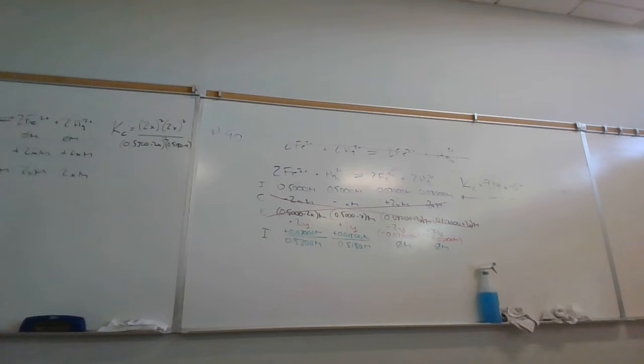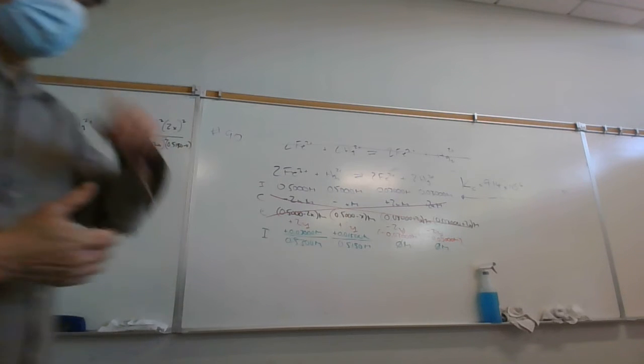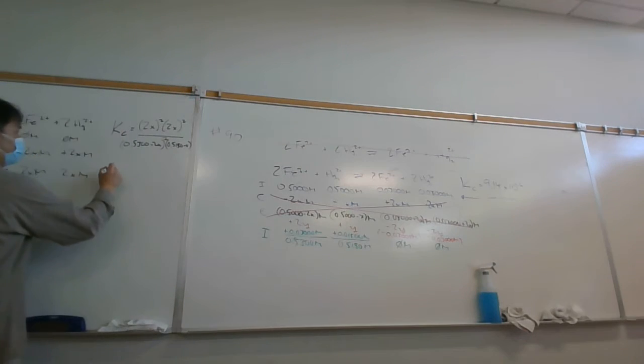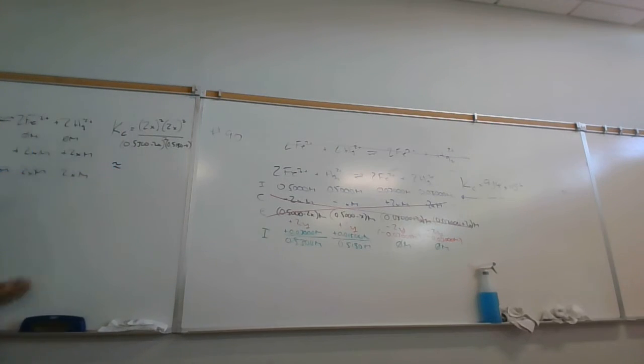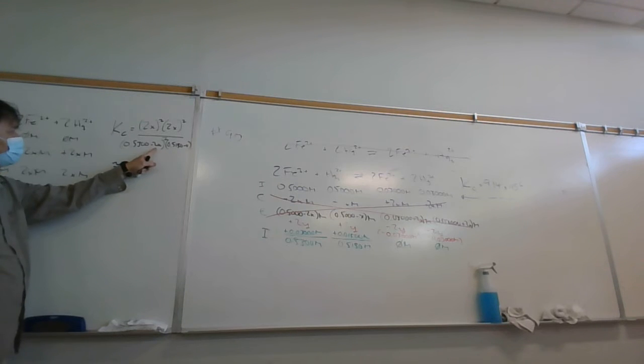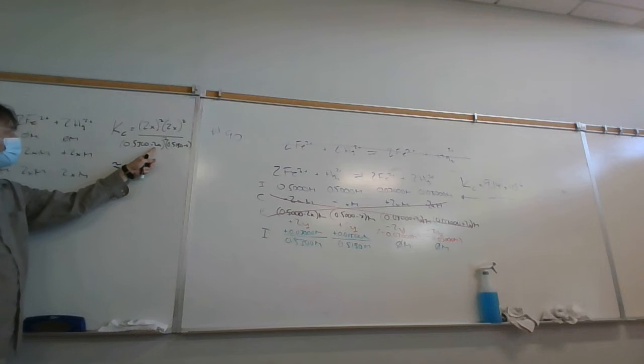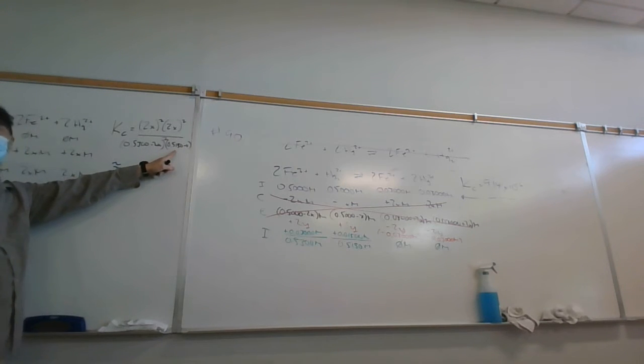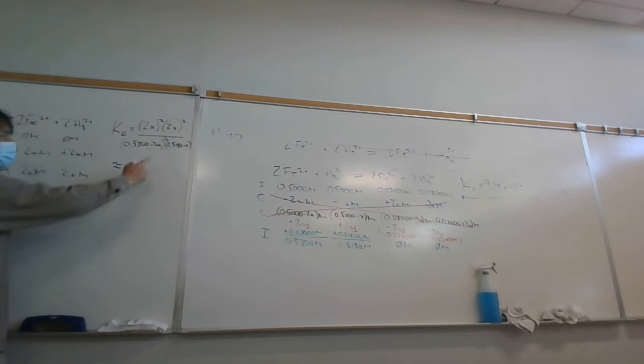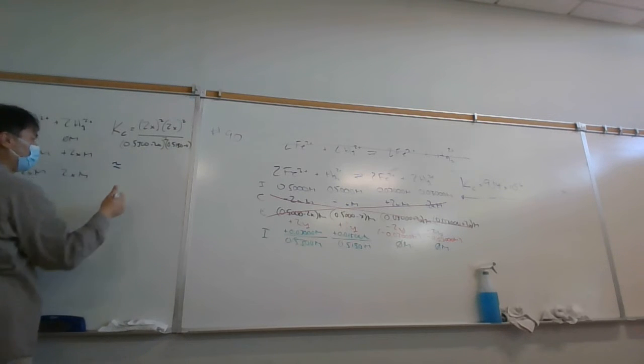But now let's make the assumption that x is negligible. If we make the assumption that x is negligible, then that simplifies the math a lot. We're just going to assume that 2x is much smaller than 0.5300. If 2x is much smaller than 0.5300, then x has got to be a lot smaller than 0.5150. And so x is going to drop out of both of these on the bottom.